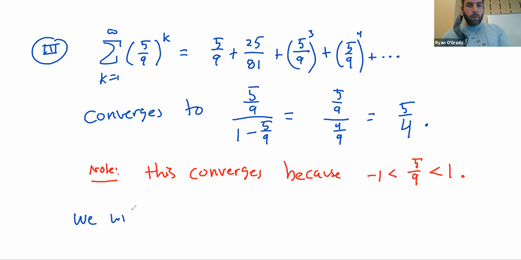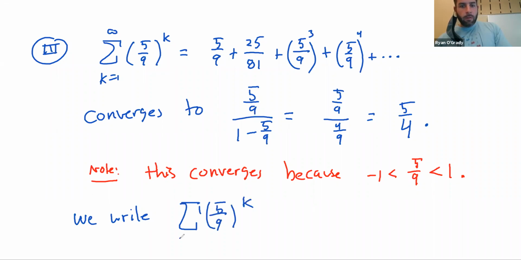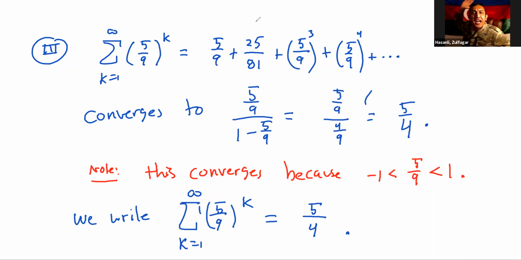So even though this is a 5/9 inside, it adds up to 5/4. This 5/4 is the limit or the sum of the series. This 5/9 is the R term. You understand the difference there?